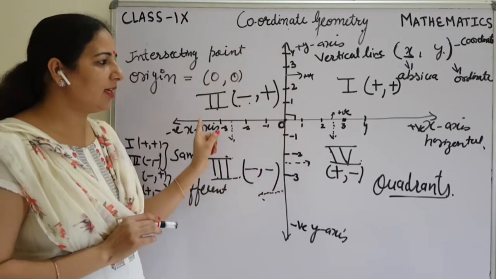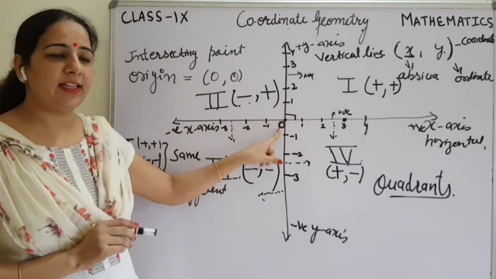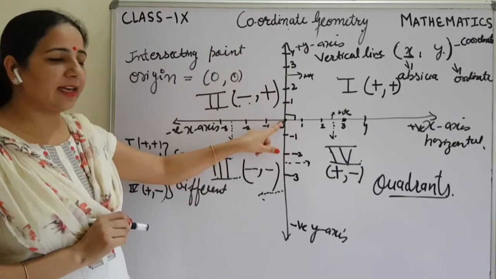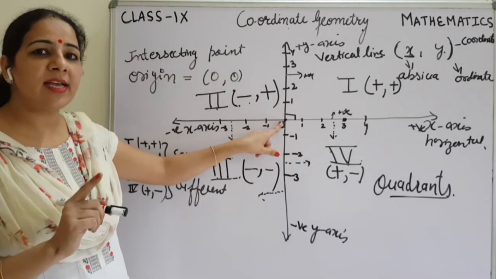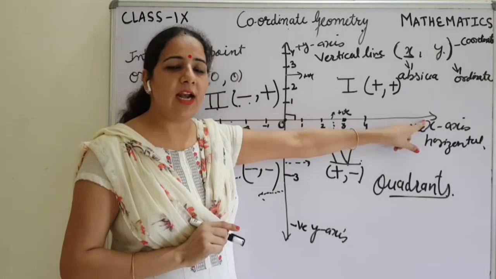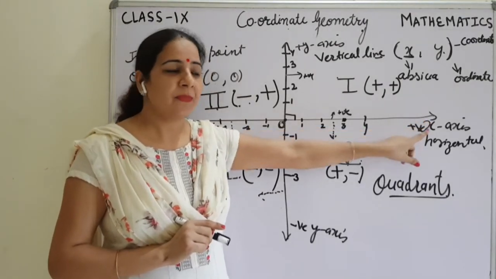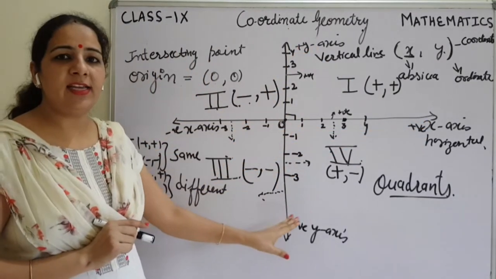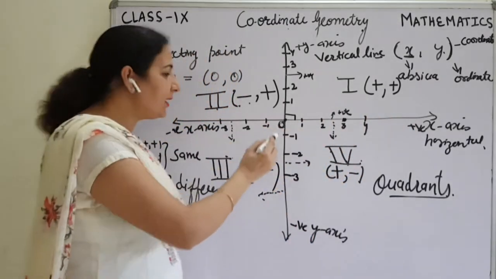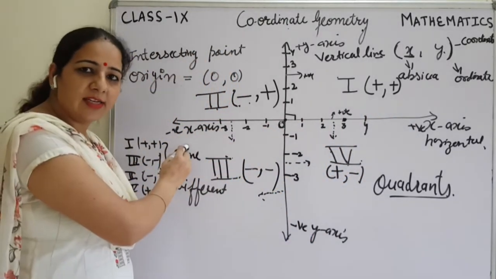When two lines intersect each other at 90 degrees, then the Cartesian plane is formed. And these two lines intersect. The intersecting point is known as the origin. The name of the horizontal line is the x-axis, and the name of the vertical line is the y-axis. The right side is the positive x-axis. The left side is the negative x-axis.